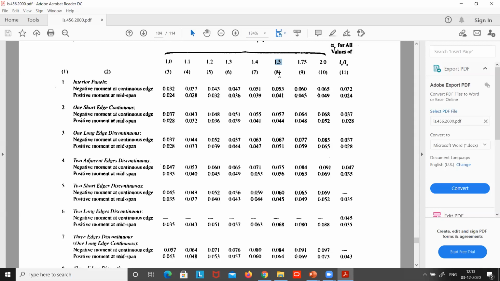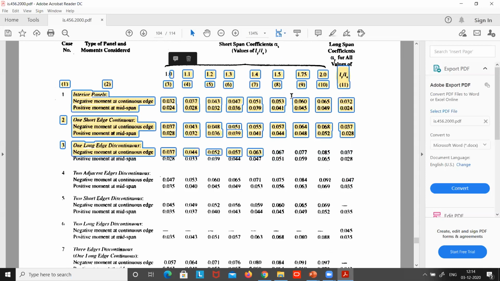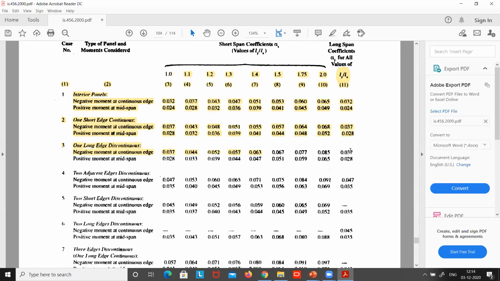Yes, sir. Similarly, when you take alpha y value, alpha y is 0.047. This whole portion is for alpha x and this is for alpha y. Understood?